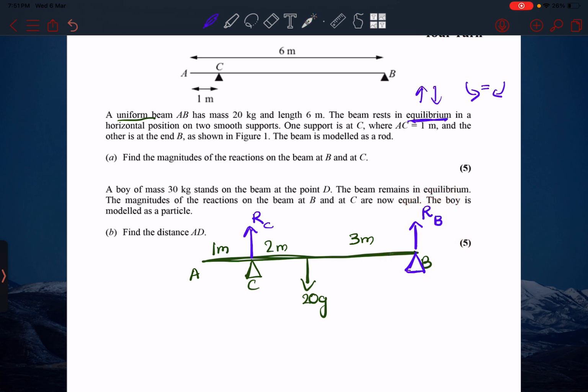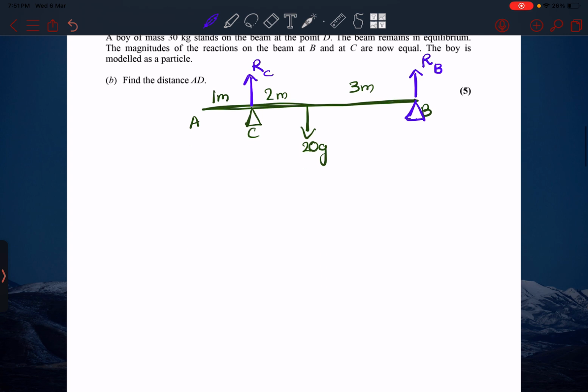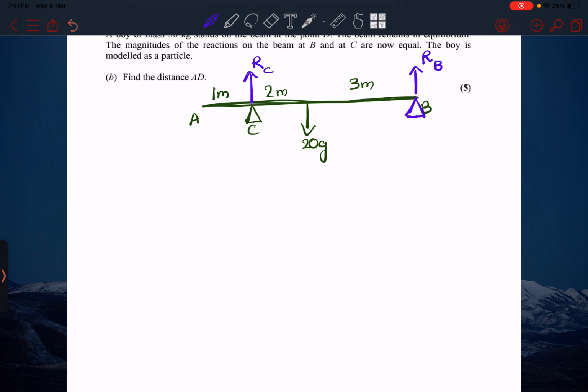Right, so we've got this much set up. That's our diagram. We need to find the magnitude, so essentially we are trying to find what RC and RB are. All we have to do now is take the moments. We can choose any point that we like.